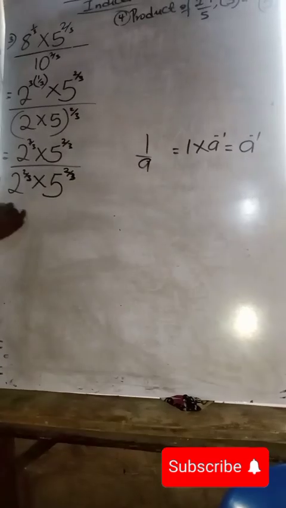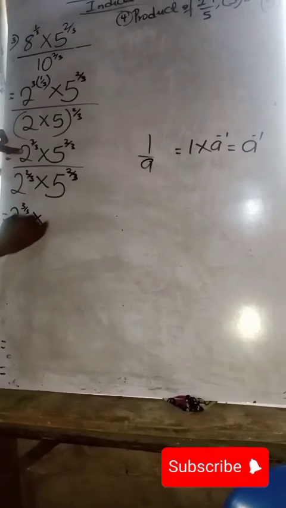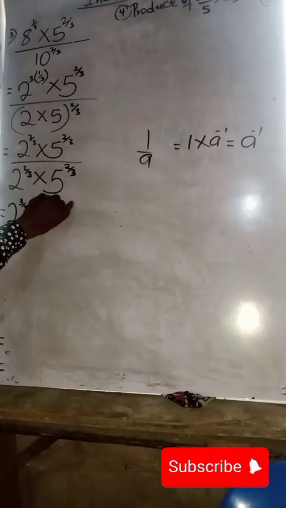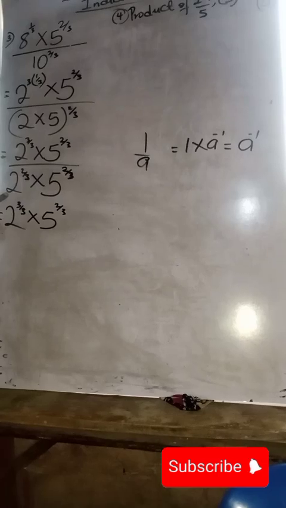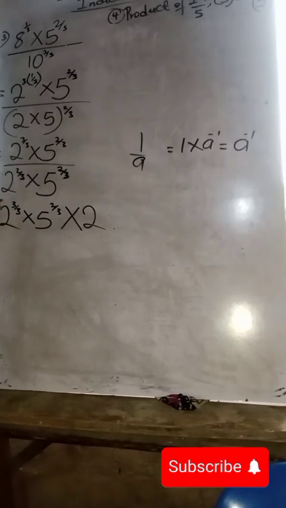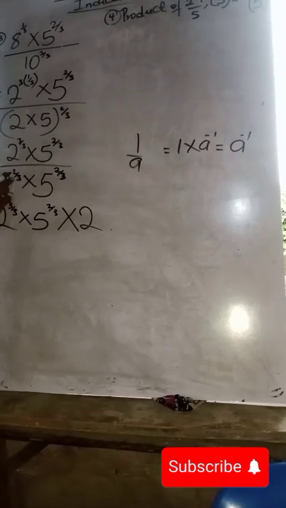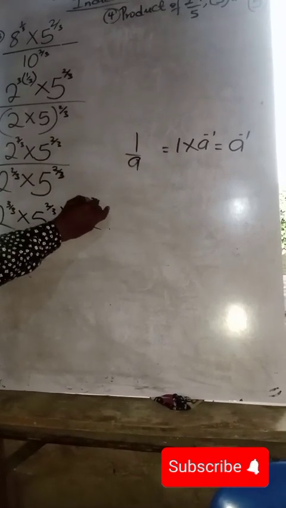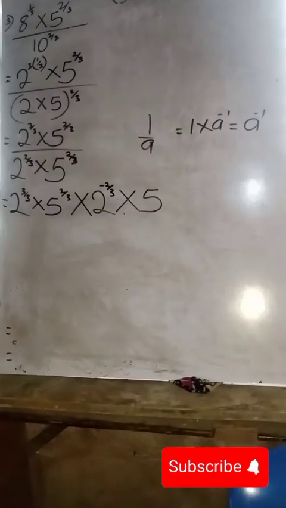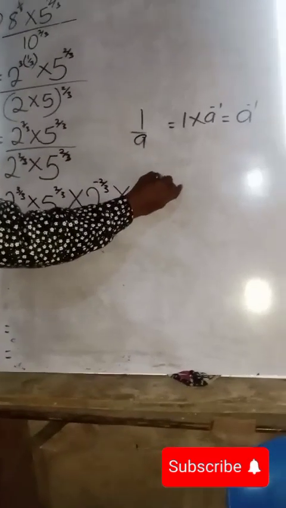When we apply it, we're going to have 2 raised to the power 3/3 times 5 raised to the power of 2/3. Then we have this 2 times 2 raised to the power, because this was a denominator coming onto the same line, the power will become negative, which is minus 2/3, times 5, and this will be affected too, which will give us minus 2/3.